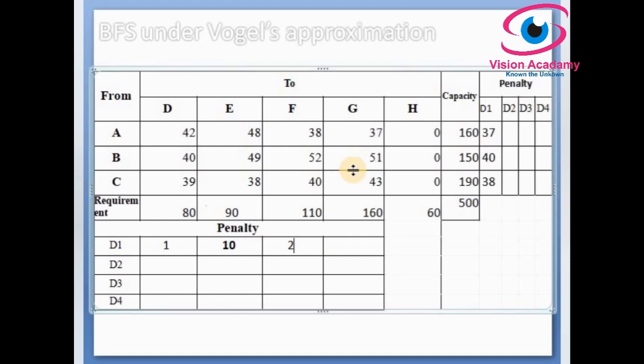In the fourth column, the first least cost is 37, the second is 43, and the difference is 6. In the fifth column, we can't take any difference because the least cost is 0 and the second least cost is also 0, so the difference would be 0.